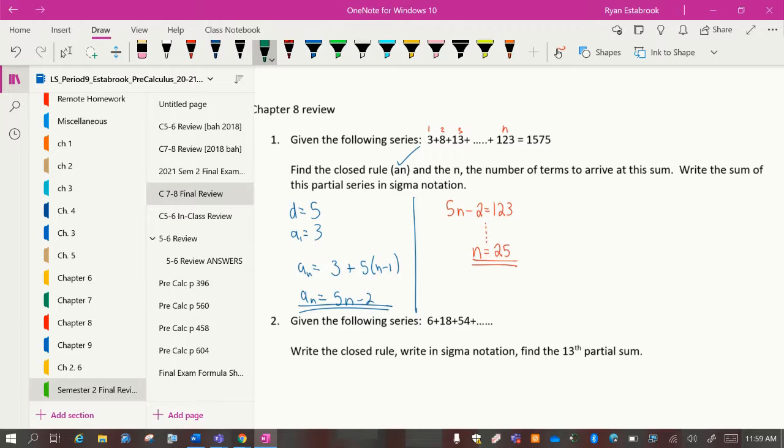All right, so n equals 25. We have that part done. Check. And then lastly, write the sum of this partial series in sigma notation. So the partial series means we're not finding an infinite number. We want to know what this sigma is going to look like.